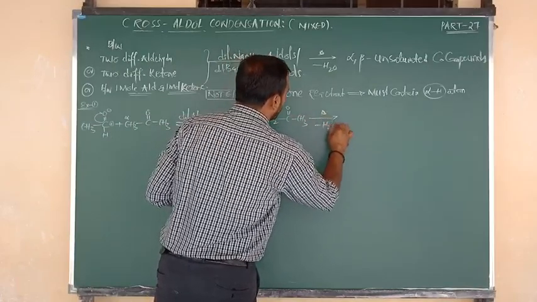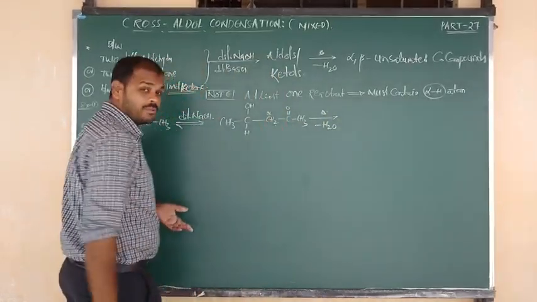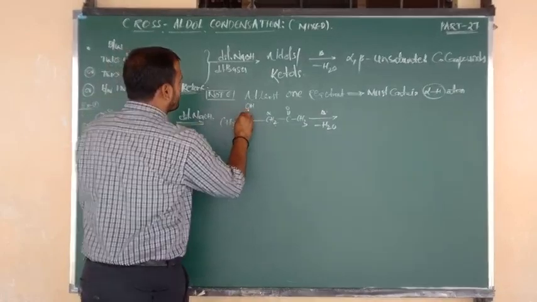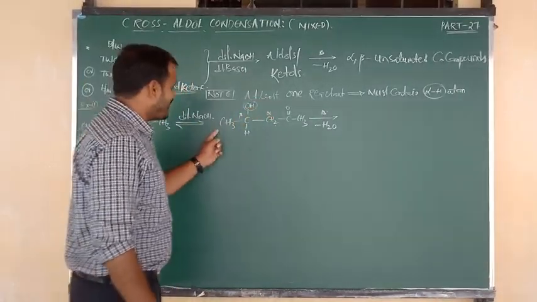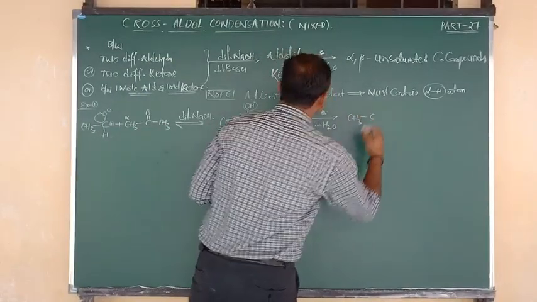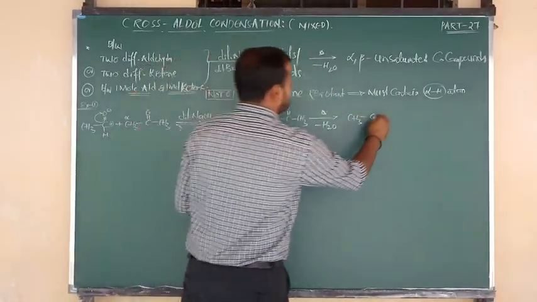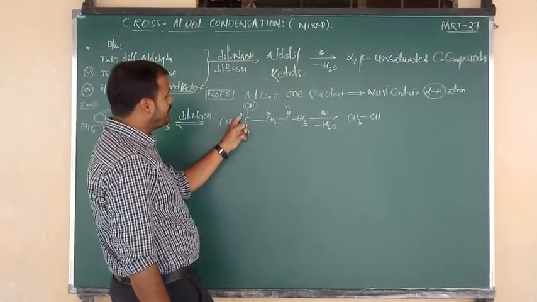Followed by it, it undergoes the same as in aldol. Upon heating, we lose the water molecule. How? From the alpha carbon, we have to remove the H atom. From the beta carbon, we have to remove the OH group. Now the final product is CH3 bonded to C, with H below the plane. You can write it here also, no problem. From alpha we are removing H, and from beta OH.